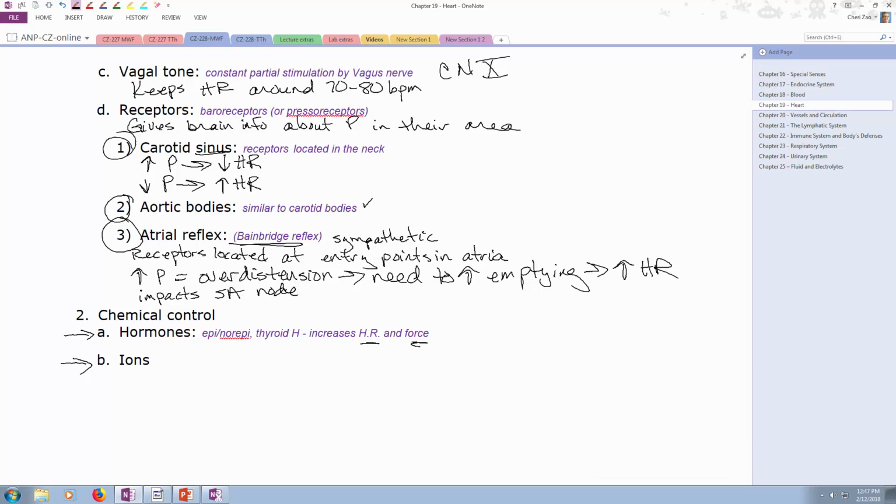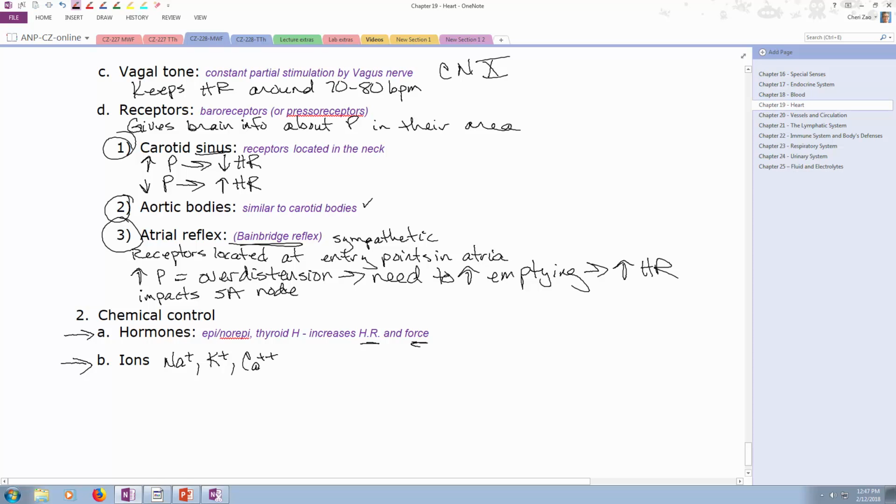So think about the ionic needs of the nodal system of the heart, and now tell me what ions we need to have in proper balance in order for the heart to actually beat properly. Sodium, potassium, always, and calcium.